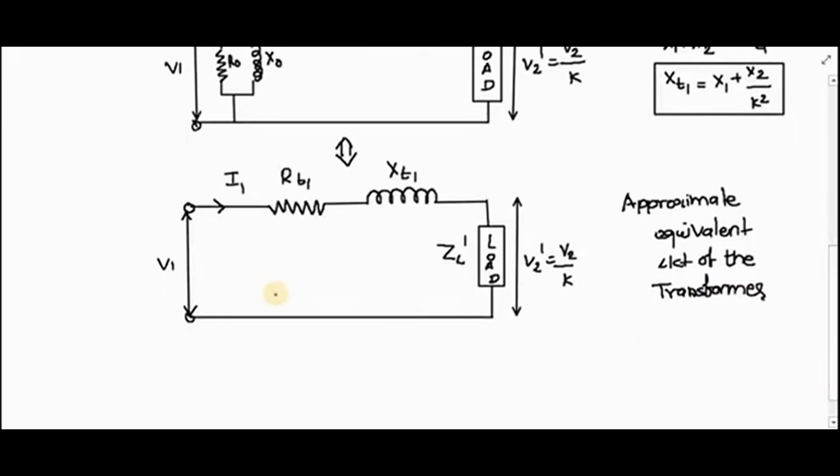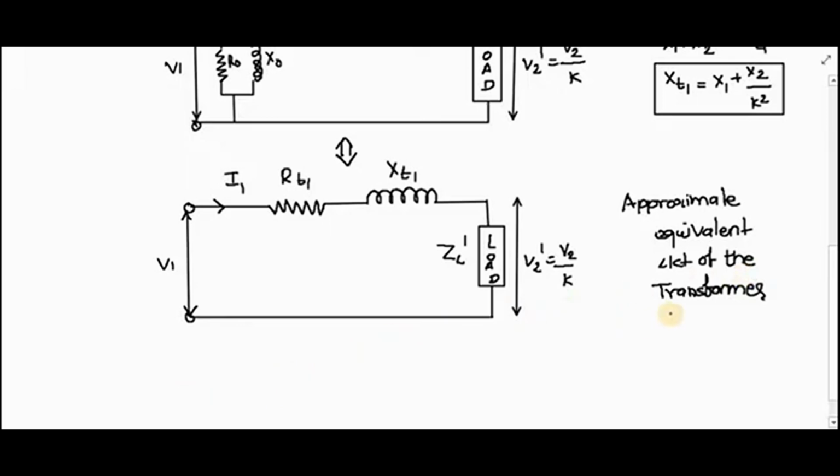As we have transferred the secondary side quantities on the primary side, in the same way we can transfer the primary side quantities on the secondary side. So alternatively, after transferring all the primary quantities to the secondary side and proceeding exactly in the same manner as we have discussed previously, we can develop the equivalent circuit of the transformer referred to secondary side also.